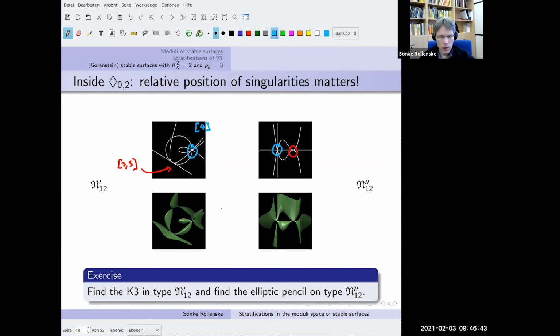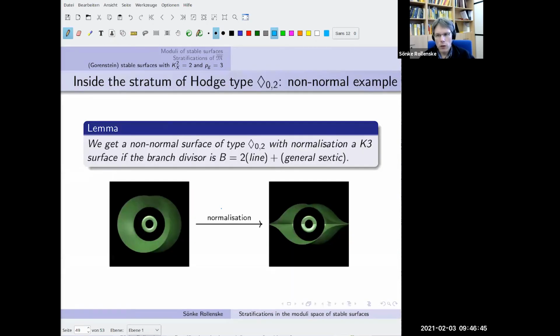Oh, let's look at the non-normal ones just to have the pictures. We have this non-normal surface, which is very easy to get. You take a general sextic and then add 2 times the general line to the branch data.